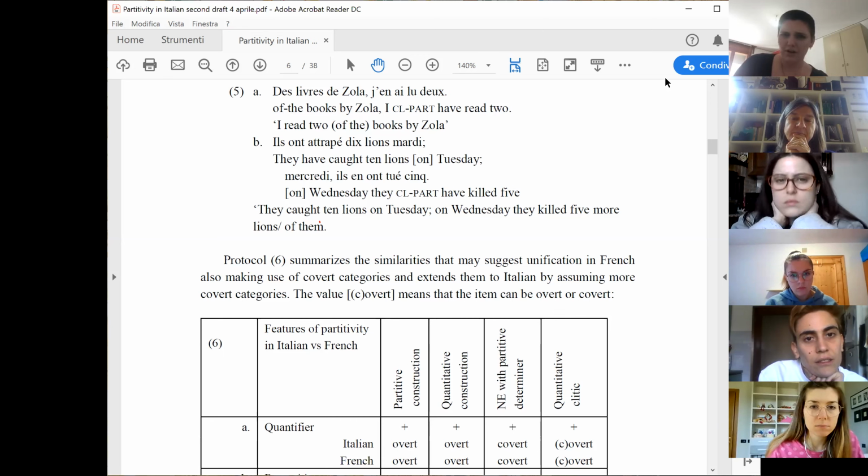Am Dienstag haben sie 10 Löwen gefangen. Am Mittwoch haben sie 5 getötet. Ja, von den Löwen ist doch klar, auf was sich das bezieht. No, then it is ambiguous also for you, Julia, because I think it cannot only mean 5 davon. It can also mean 5 andere.